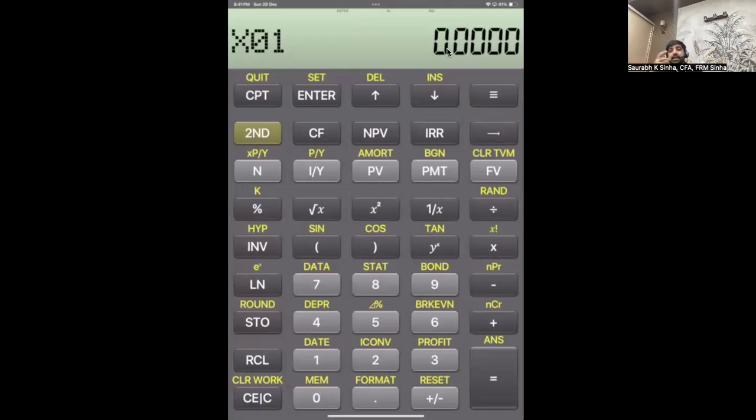And when you do second clear work, then you are asking the calculator to delete whatever the data already stored. So it's asking about what is your first data point. It was 3. So you would press 3 and then do enter.